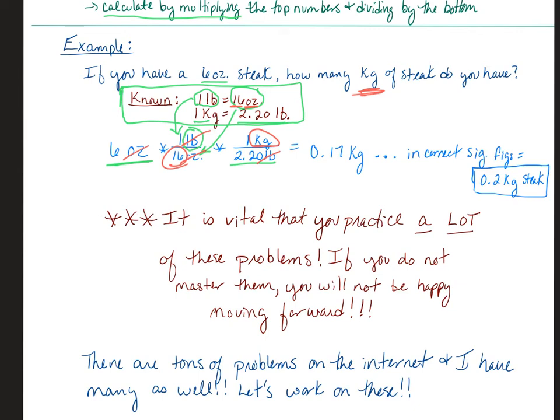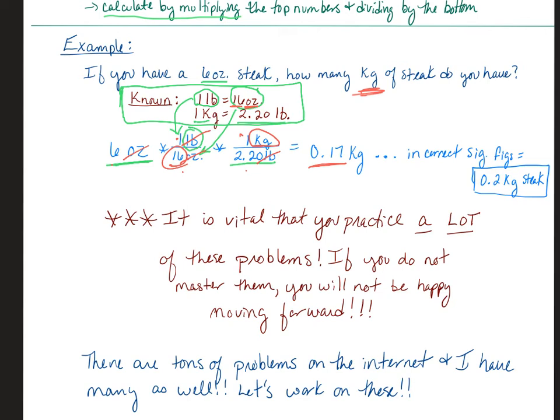So now you get your handy-dandy calculator out and you say 6 times 1 divided by 16, and all of that is divided by 2.2. Now it depends on how you put your things in your calculator. Make sure that you do get 0.17 as your answer here. And if you're having difficulty with that, please let me know.